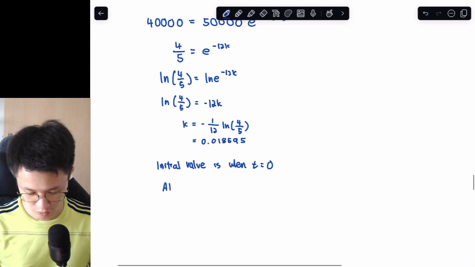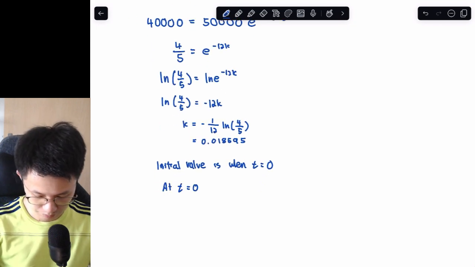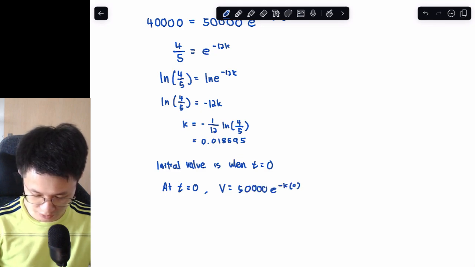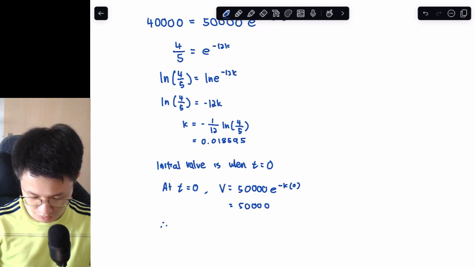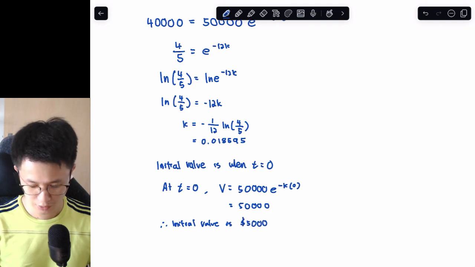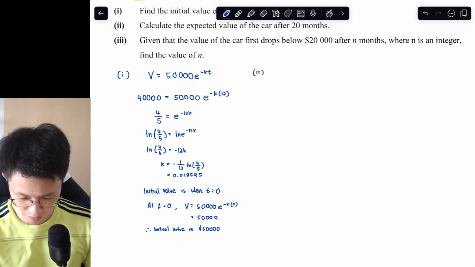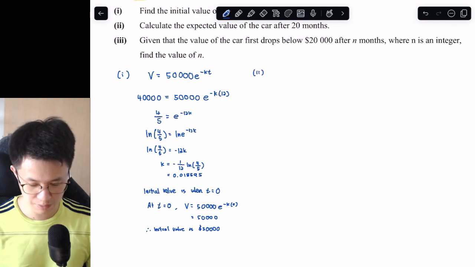So at t equals 0, regardless of k, V equals 50,000 times e to the power of negative k times 0, which is simply $50,000. So therefore, the initial value is $50,000. Pretty easy.